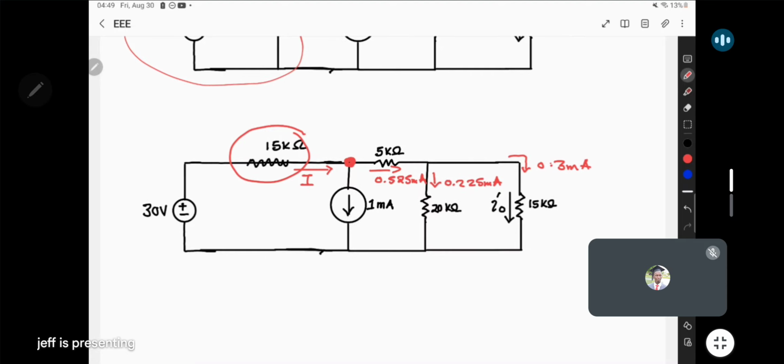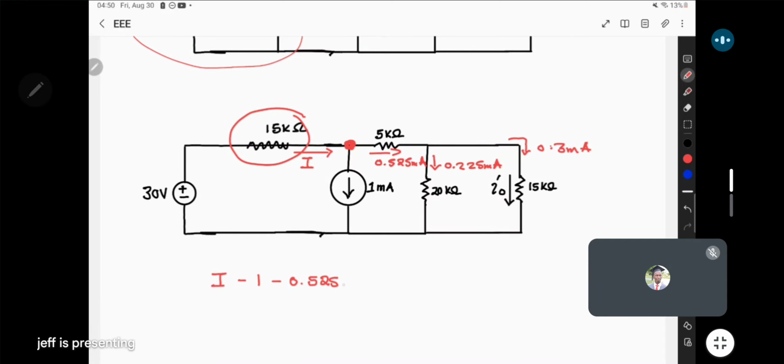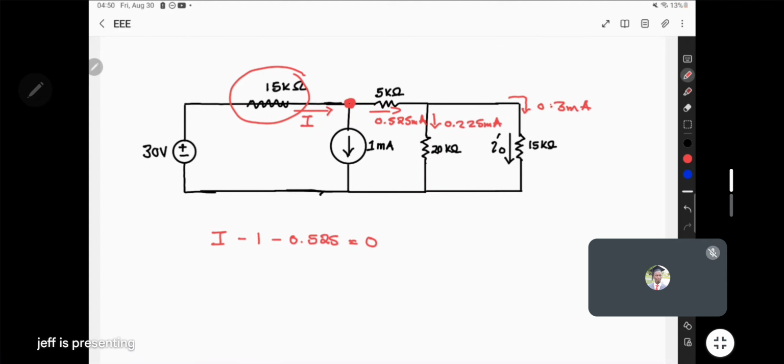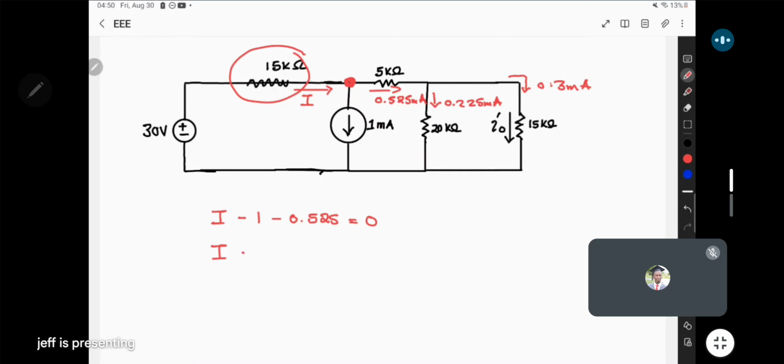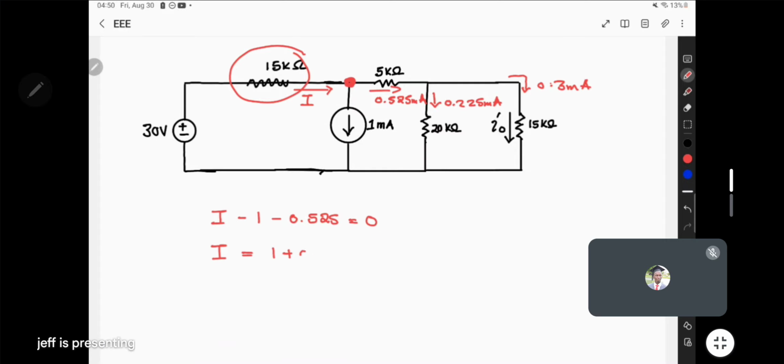So for that junction, when we use Kirchhoff's current law, we have I entering minus 1 milliamp going downwards, then minus 0.525 leaving the junction, equals 0. So from here, I is equal to 1 plus 0.525.